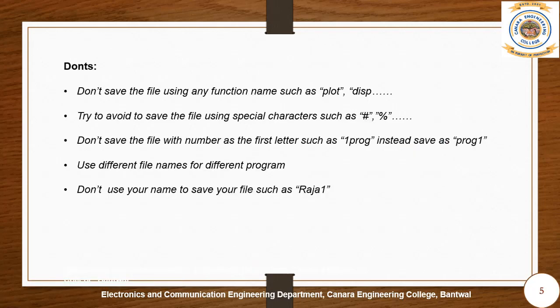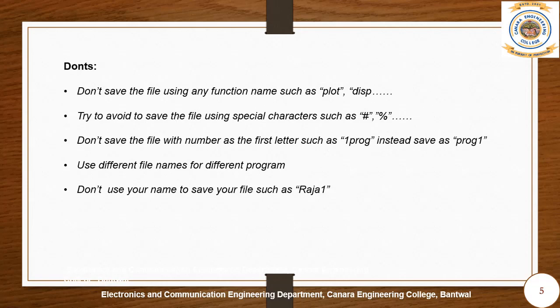In this slide, I have listed some of the precautions that need to be taken while storing and naming your programs. Don't ever try to save the program using any function name. For example, plot and disp are some of the function names used in Scilab, so don't ever save your program using these names.